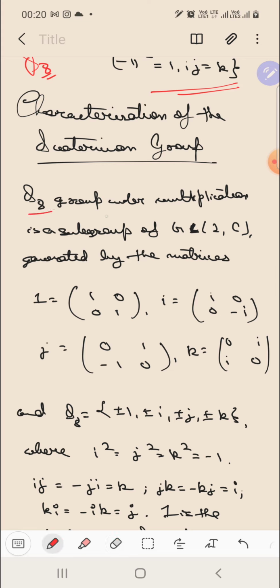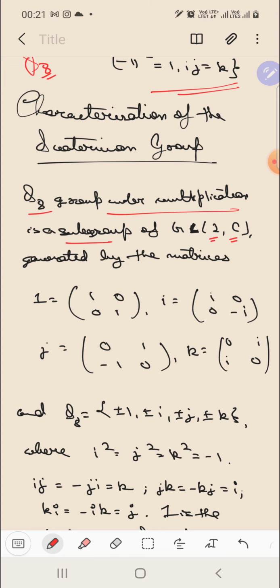Q8 group under multiplication is a subgroup of the general linear group, which has complex numbers as its elements, and it contains 2 by 2 invertible matrices whose determinant is not 0.